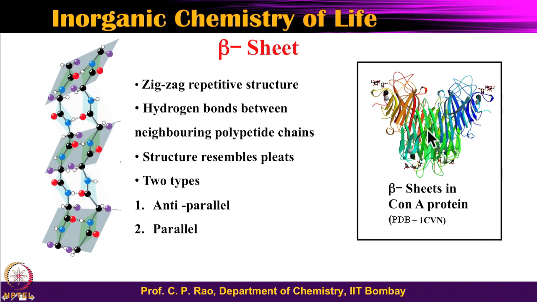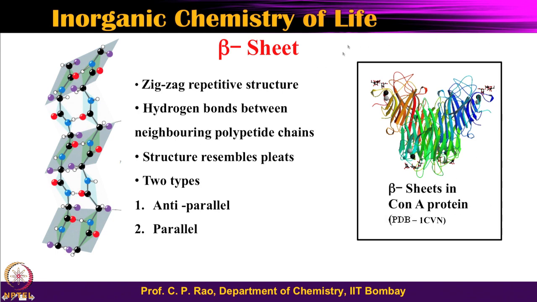This protein has hardly any helix, and it mainly has sheets. These sheets are shown in green color, light blue color, and orange, red, and so on. All of them are beta sheet kind of structures. This is a lectin protein from lentil, concanavalin A. Right now, you do not need to worry about the name of this protein.